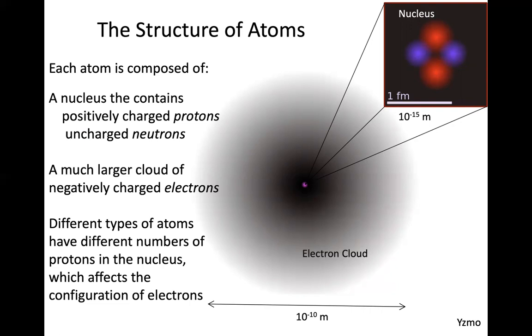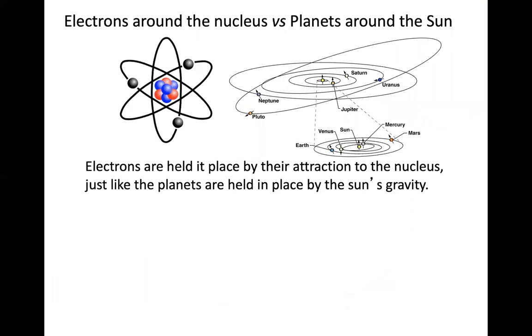So people often try, particularly in astronomy courses, to make an analogy between the electrons around a nucleus and the planets around the sun. This is a horrible analogy, but it's a useful one because I can at least give you a sense of why the atom is so weird.